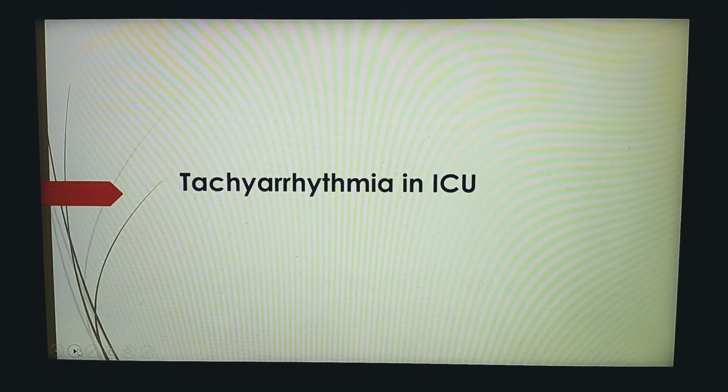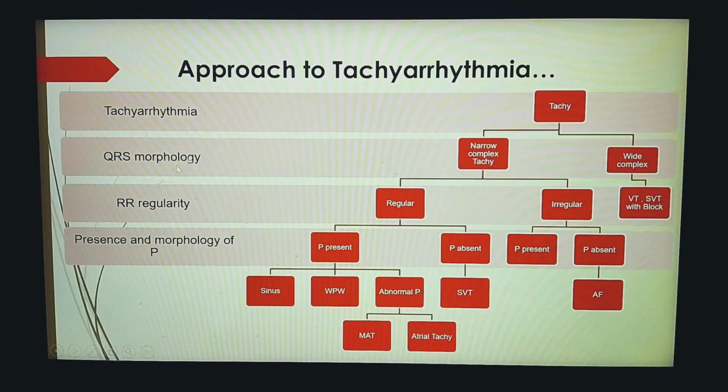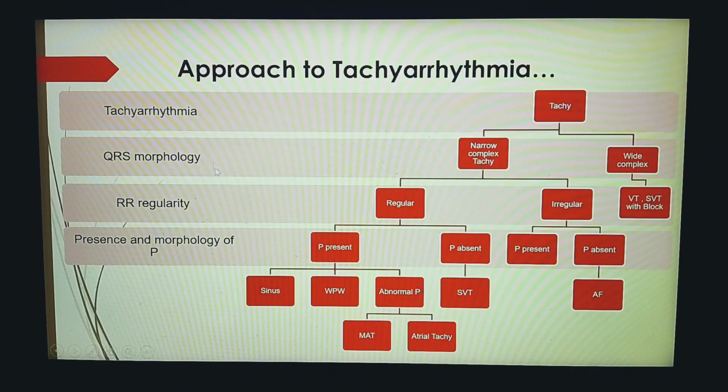And what are the tachyarrhythmias in ICU? For identifying, we have told earlier that we should focus on 4 points: what is the heart rate, and what is the morphology of the QRS, is it narrow or broad? Is there any regularity of the RR interval, or presence of the P wave?